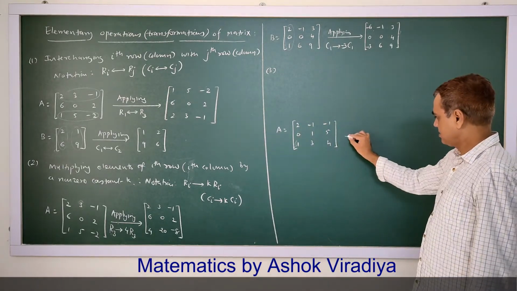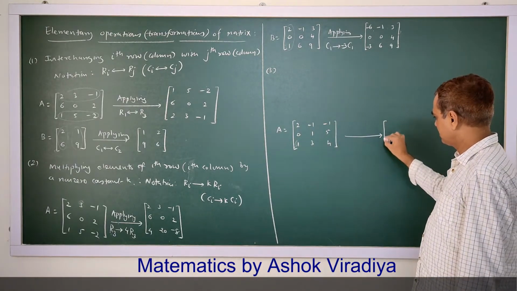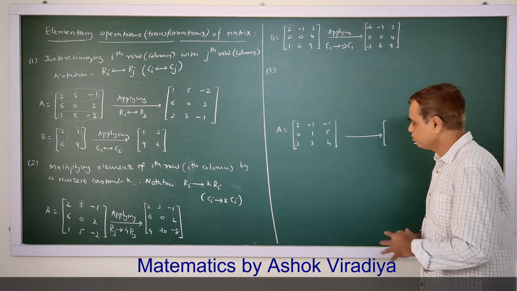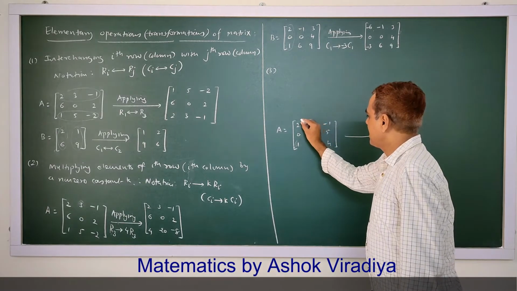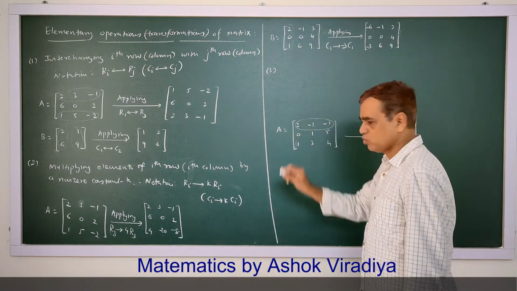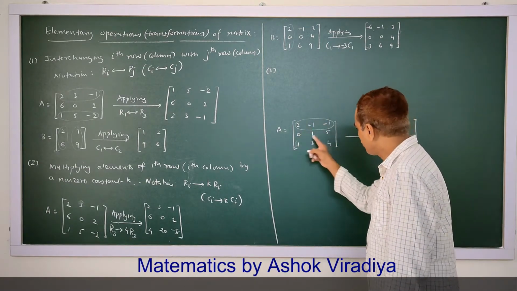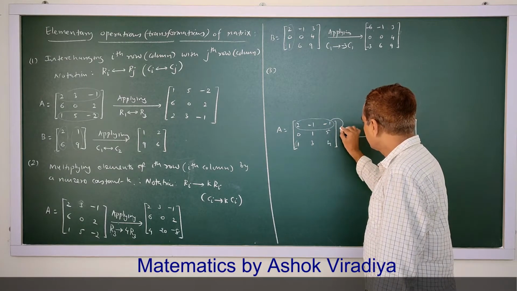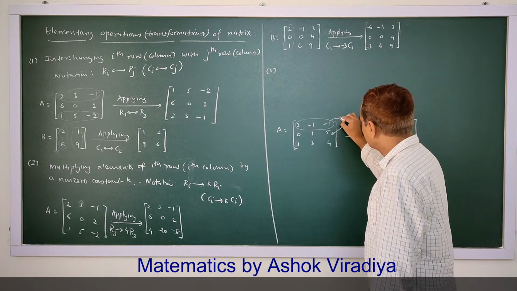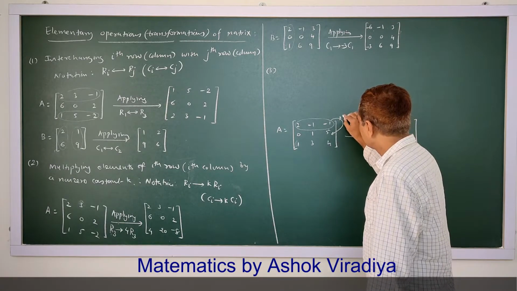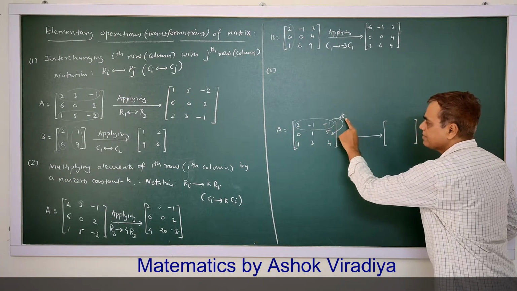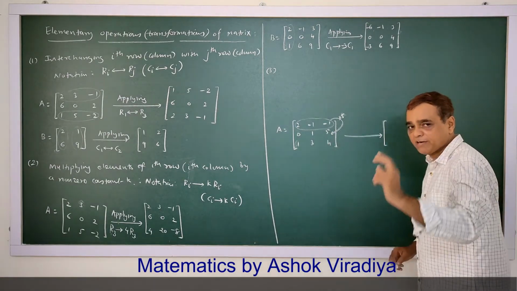Now here, what we want to do: the elements of the first row I will multiply by 5, and whatever the products will be, I am adding in the second row.